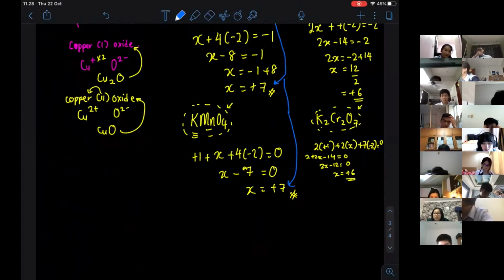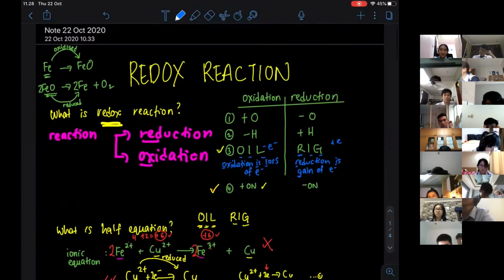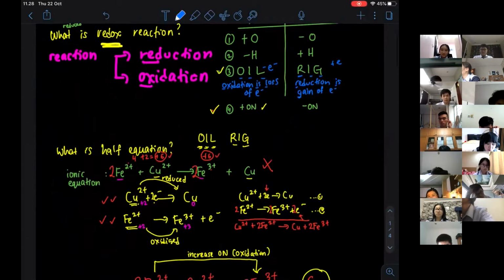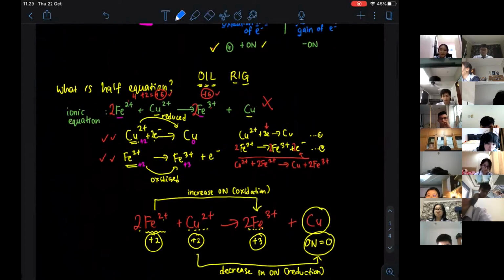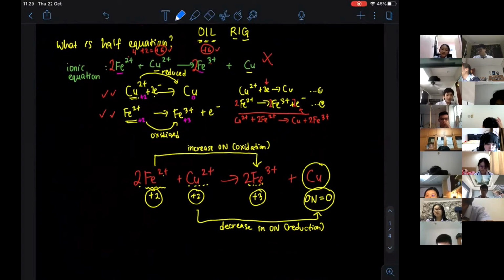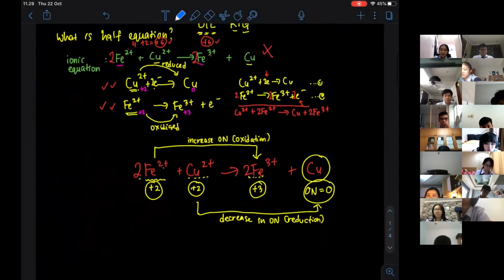We learned about oxidation and reduction and how to determine if an equation is oxidized or reduced. Okay. What else? We learned about how to find the oxidation numbers for a compound. Okay. How about half equations? We learned that half equations can be used to balance ionic equations.